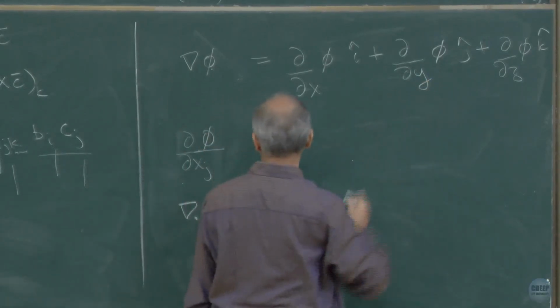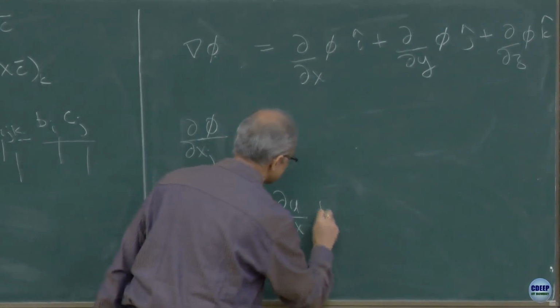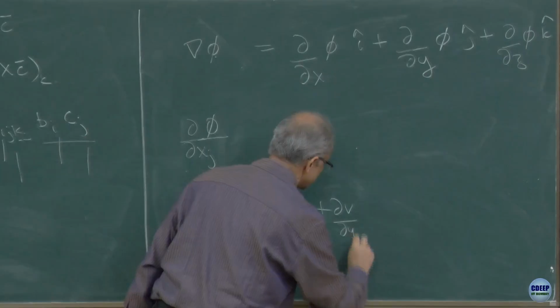If I have to write it out explicitly, you just say that this is dou u by dou x plus dou v by dou y.